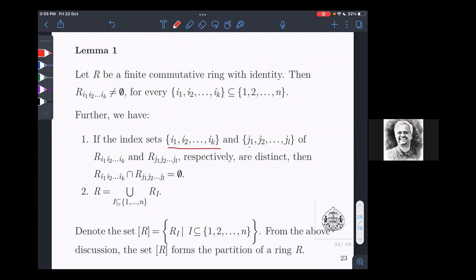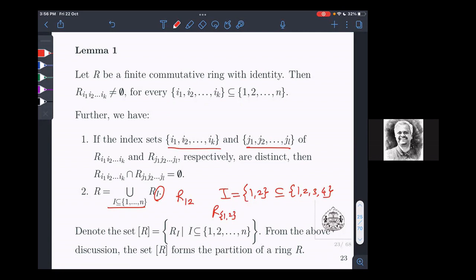If you take any two sets, say I1, I2, up to Ik, I will abuse the notation when I'm writing R suffix I. So though I'm writing R suffix I, while writing it I write R12. I do not write R singleton, doubleton 1, 2. I don't write this. So this is the abuse of notation.